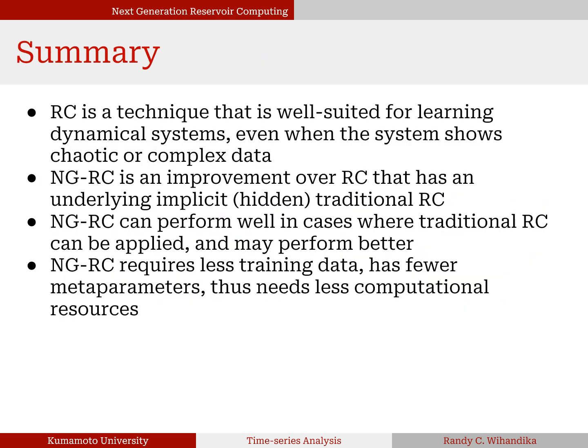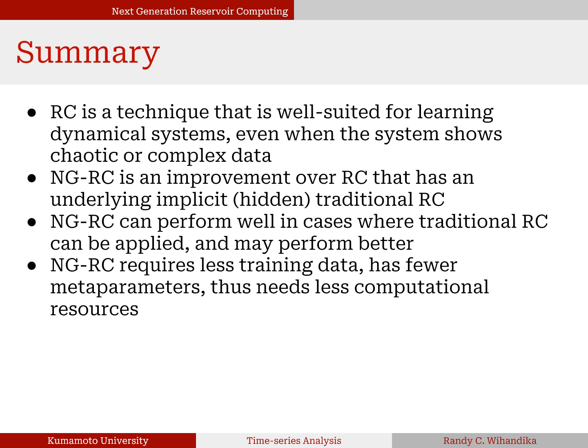And to conclude, this is a summary. RC is a technique that is well suited for learning dynamical systems, even when the system shows chaotic or complex data, such as the data that has been tested in the experiment. And NGRC is an improvement over the traditional RC that has an underlying implicit or hidden traditional RC.